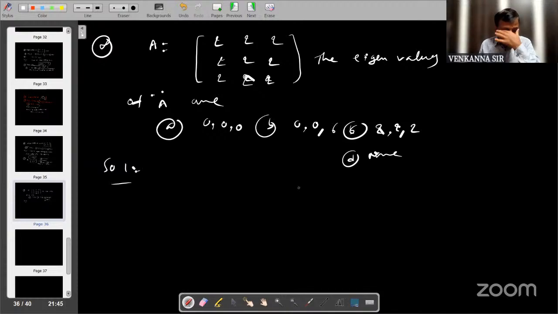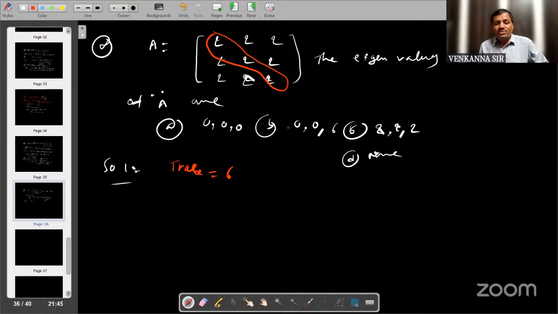For some of the students, the favorite answer is none of these, but here you check which answer is correct. So don't think that none of these is always the correct answer. See, what is the trace here? Trace is the sum of the principal diagonal elements. Trace is 6.